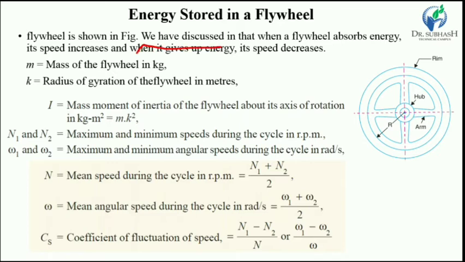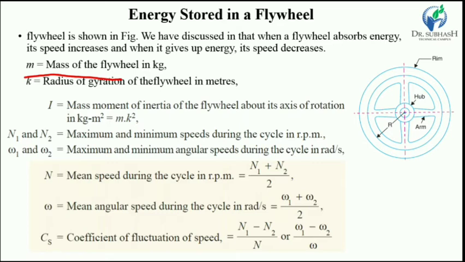We have discussed that when the flywheel absorbs energy, its speed increases, and when it gives up energy, its speed decreases. According to the discussion, if energy is absorbed, the speed of the flywheel slightly increases, and if the flywheel releases energy, then the speed of the flywheel decreases.